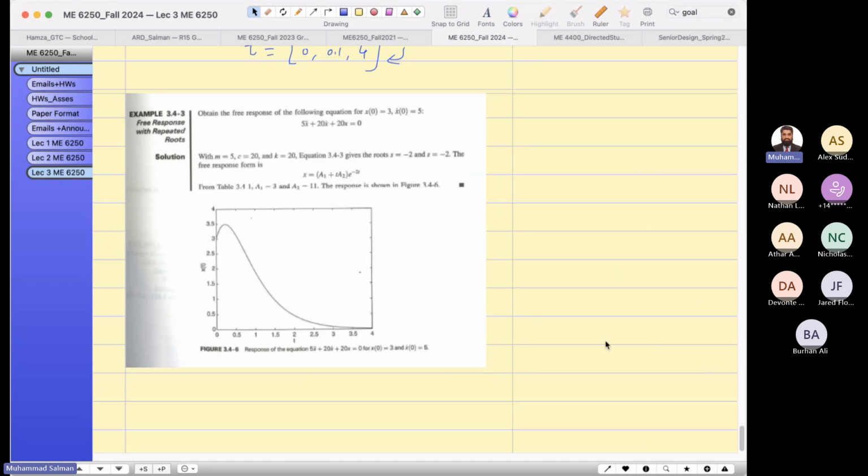The next topic, since we are short of time, I will make a small video for the Laplace plane. This is just the conceptual part: analysis of the characteristic roots.